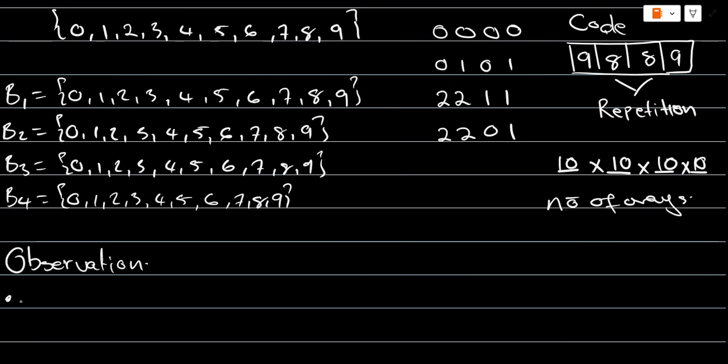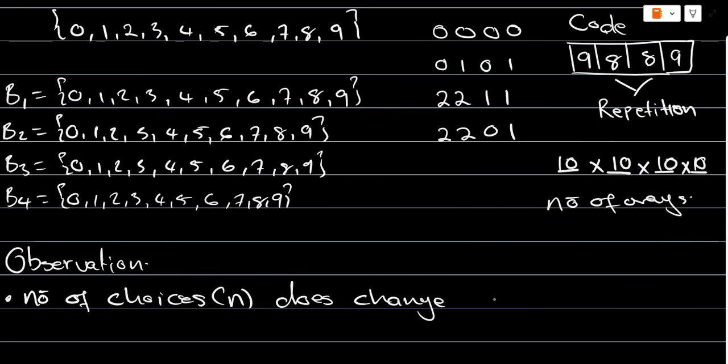Right. So now what do we write? Let's say the number of choices, which is the value of n, does not change in each step. Right, our number of choices does not change in each step.